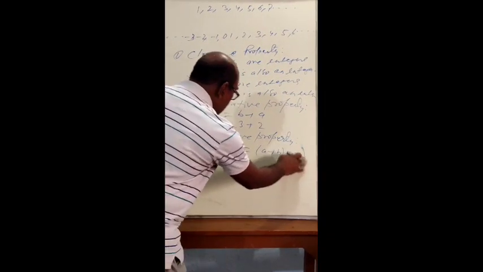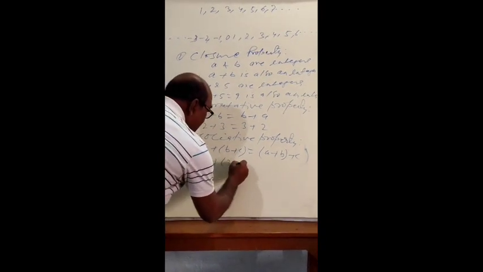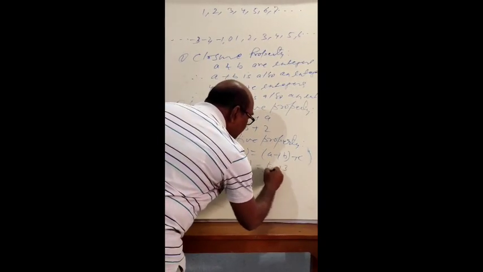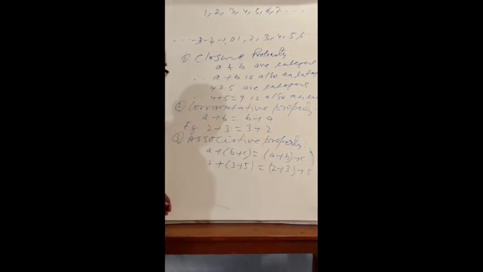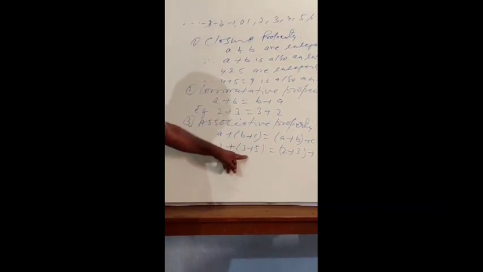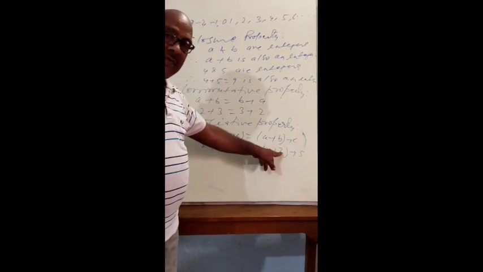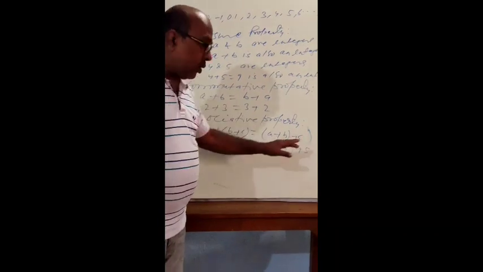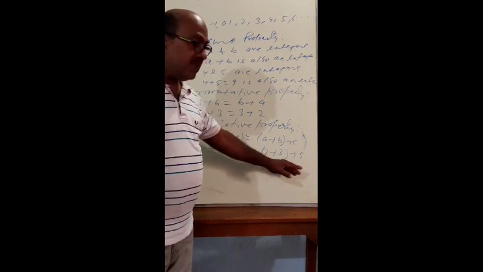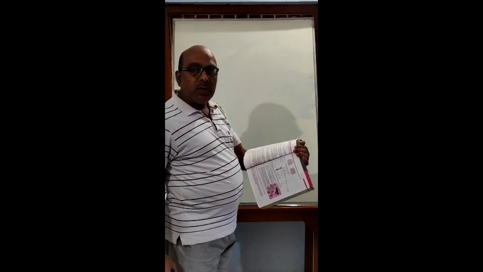For example, 2 plus 3 plus 5 is equal to 2 plus 3 plus 5. Here 3 plus 5 is 8, and 8 plus 2 is 10. And on the right-hand side, 2 plus 3 is 5, plus 5 is 10. The left-hand side is 10 and the right-hand side is also 10. This is the associative property. Come to Exercise 1.1.